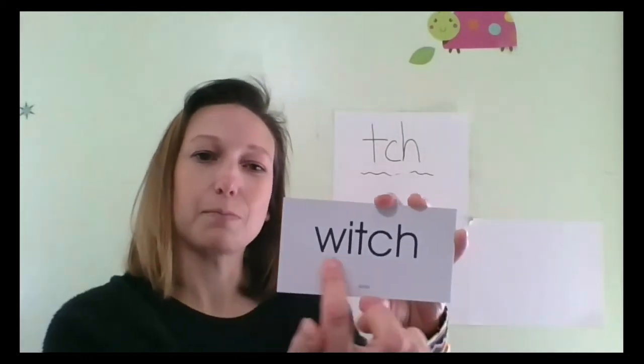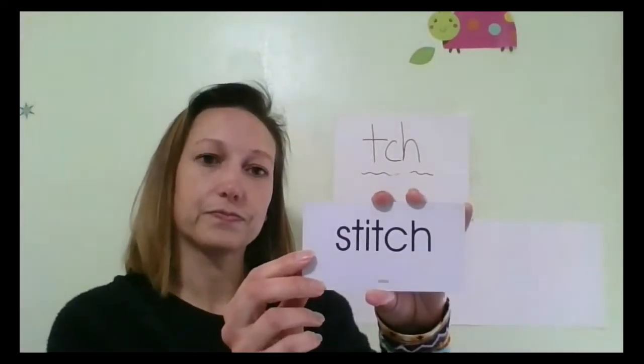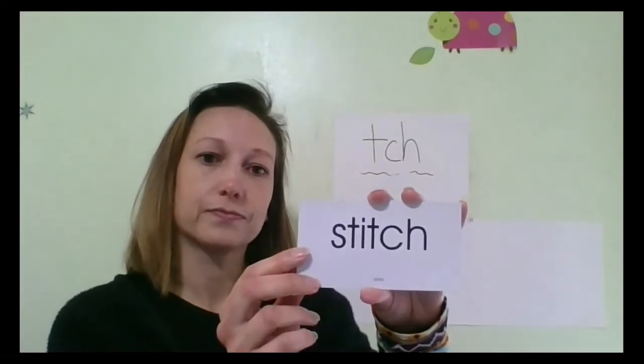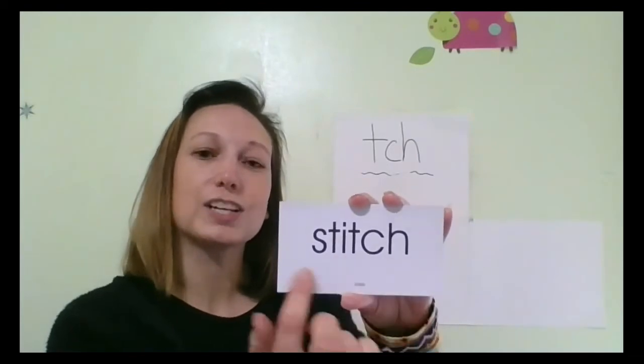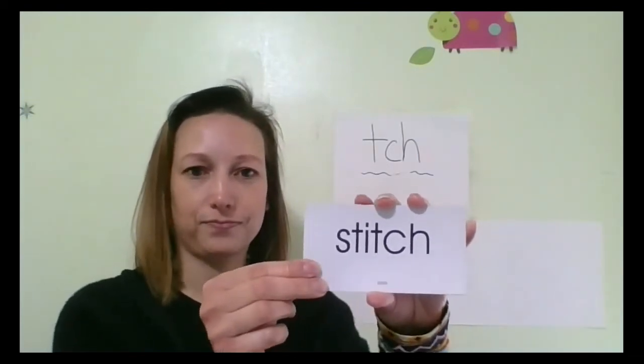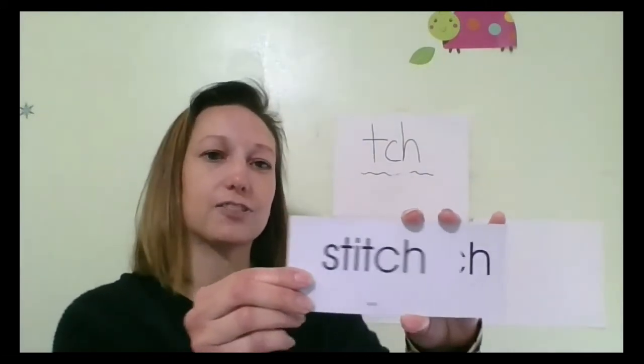Witch. This is the type of witch you might dress up as on Halloween. Let's sound it out. Itch. Stitch. You might need stitches. You might stitch something together, sew it together, stitch.